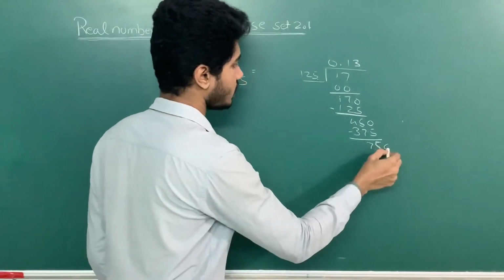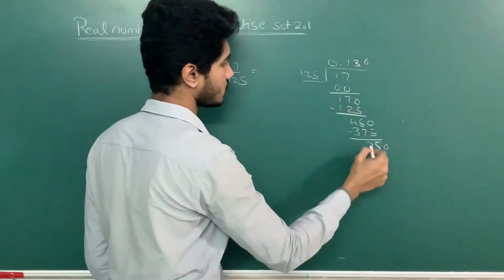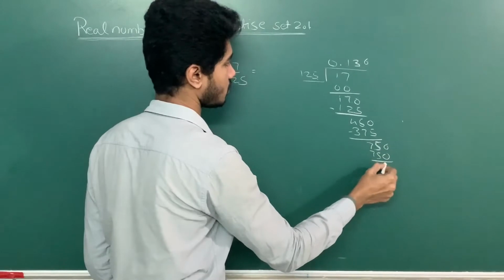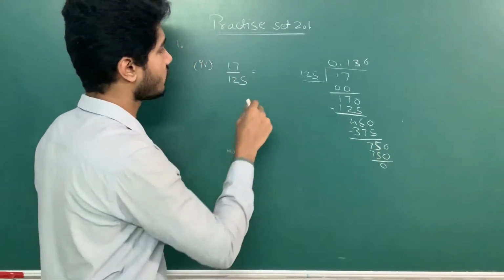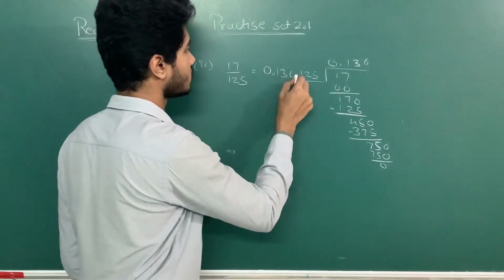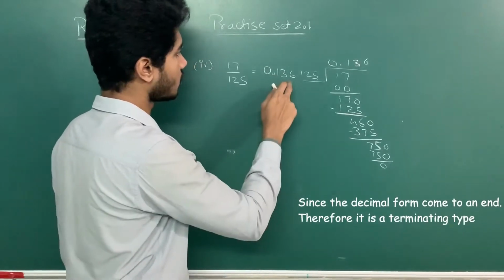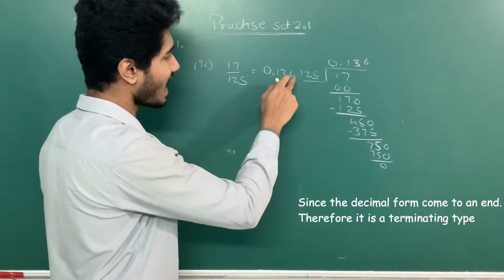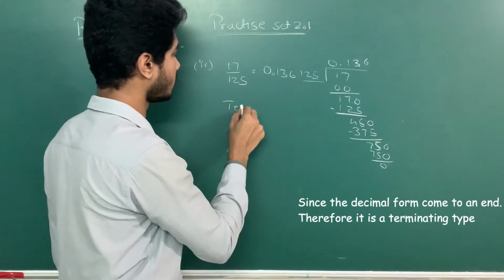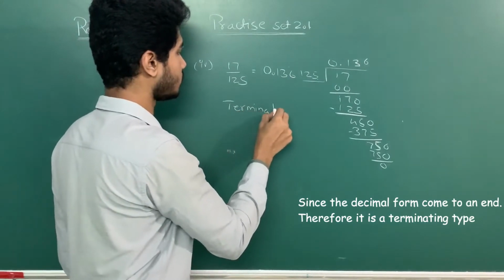So 750 goes in 6s, 750. So 17 upon 125 can be written as 0.136. Therefore, the decimal form comes to an end at 6. Therefore, it's a terminating type.